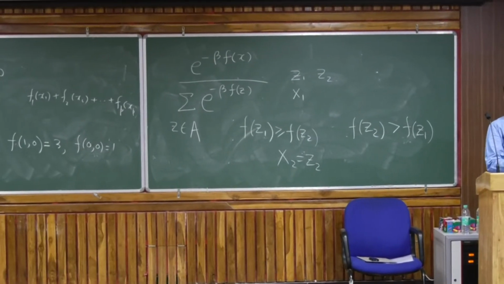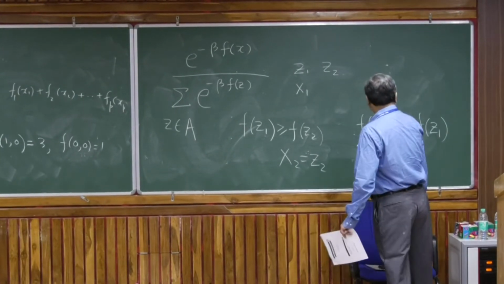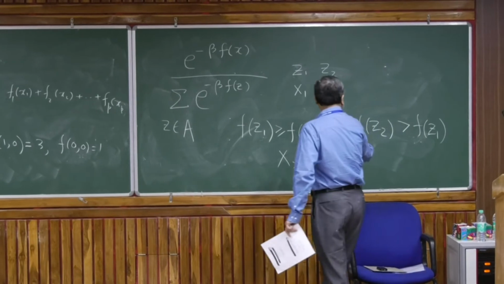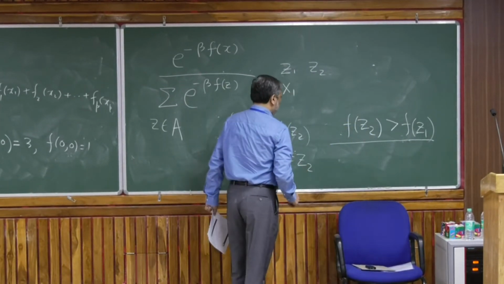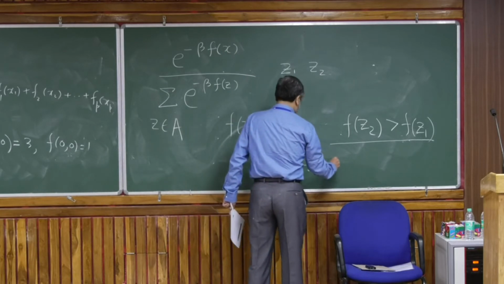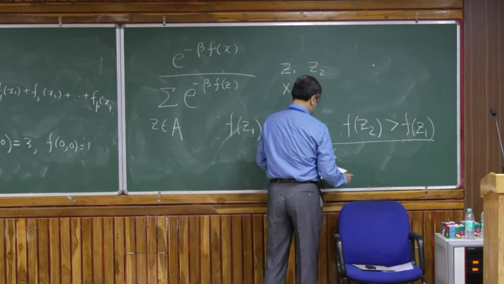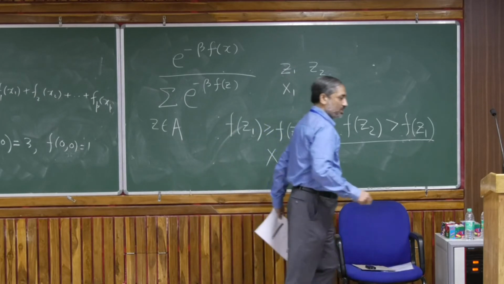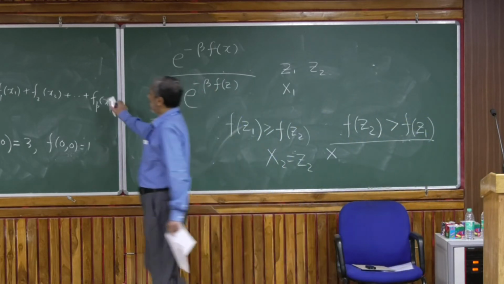I now toss a coin. And I choose, so if this happens, then x2 will be, okay, I need some space to write this because this is a long expression, so right here.